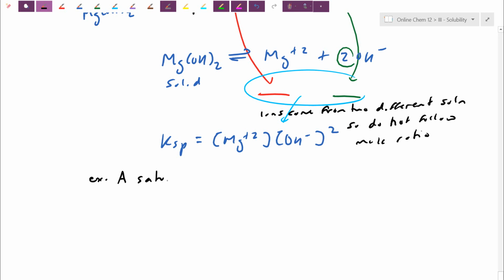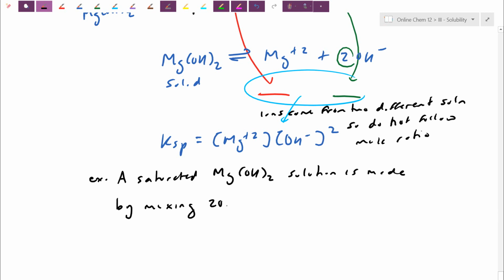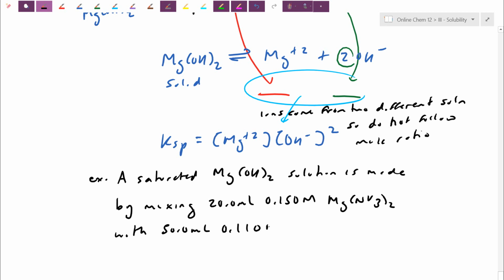So let's do this example here. A saturated Mg(OH)2 solution is made by mixing, so that's our second way, mixing 20 milliliters of 0.15 molar Mg(NO3)2 with 50 milliliters of 0.110 molar NaOH.